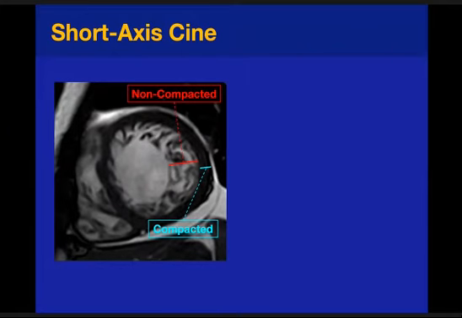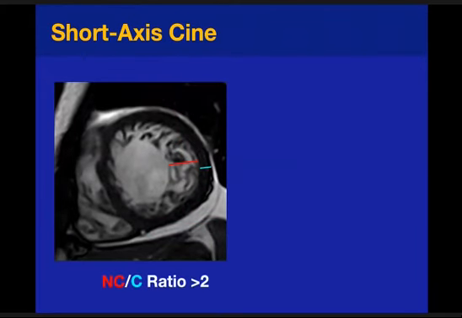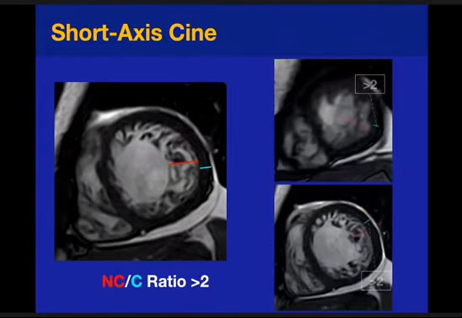So we take a measurement of that, while the compacted myocardial wall we also measure. We take the measurement of the non-compacted divided by the compacted, and it appears to be greater than 2. These were also measured at the base and apex of the ventricle as well.